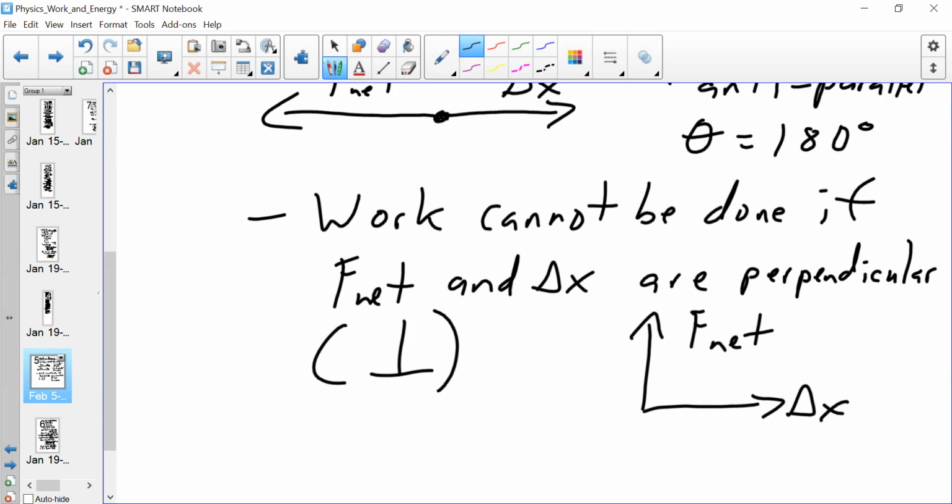Because the angle between these two vectors is 90, cosine of 90 is 0, no work can be done. So this is a situation of no work.